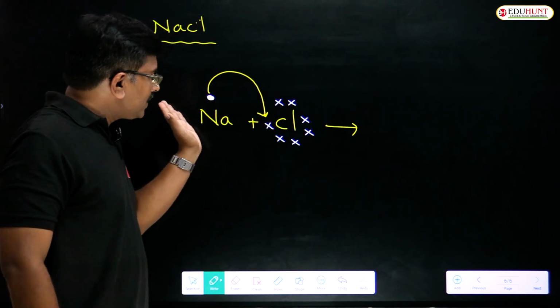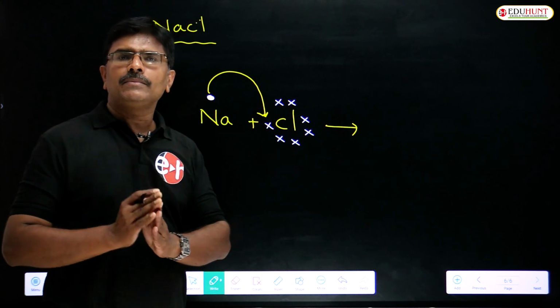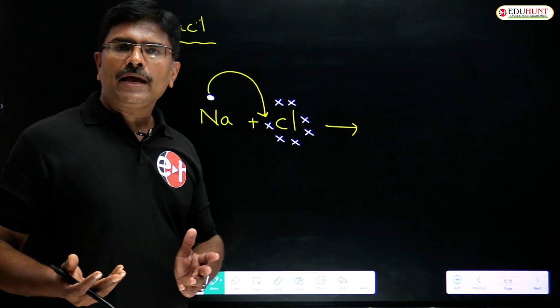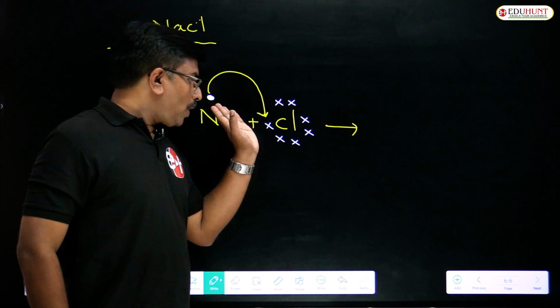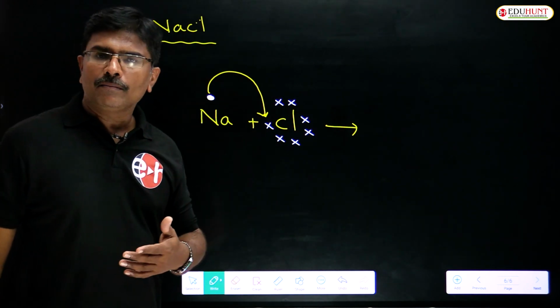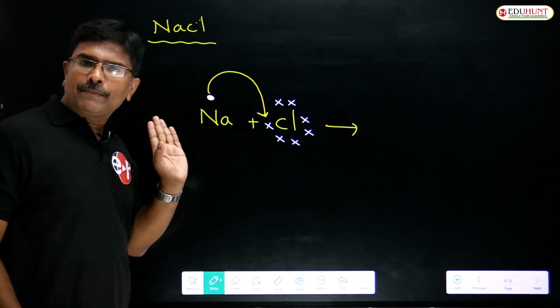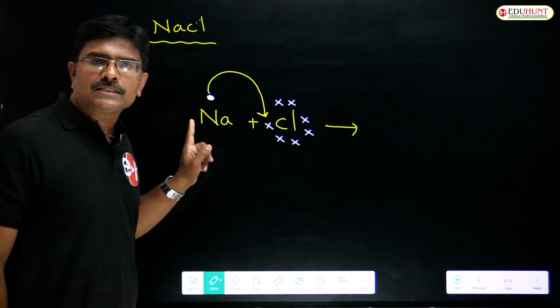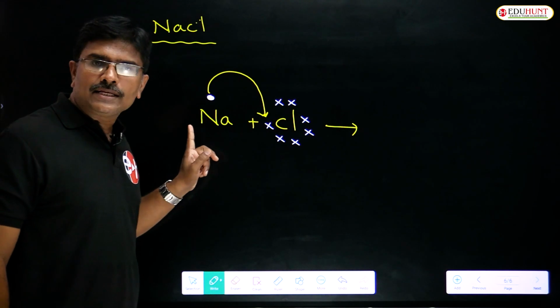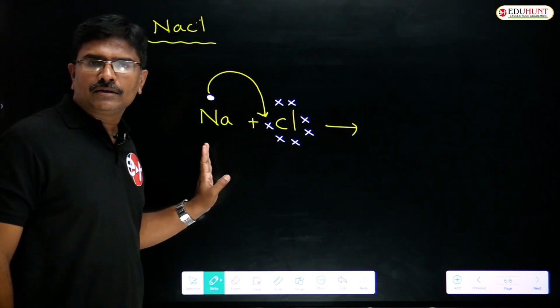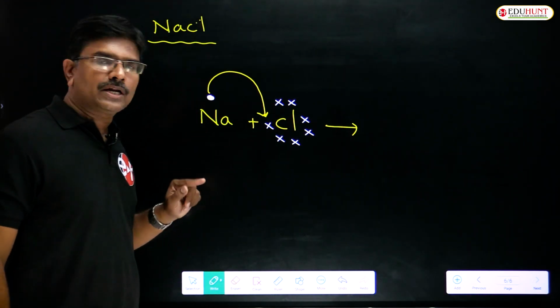Now what happens when any atom loses an electron? The positive charge is going to be acquired by that atom. Yes or no? Sodium's atomic number is 11. There are 11 protons in the sodium nucleus and 11 electrons outside of it. Because of this, it is neutral.